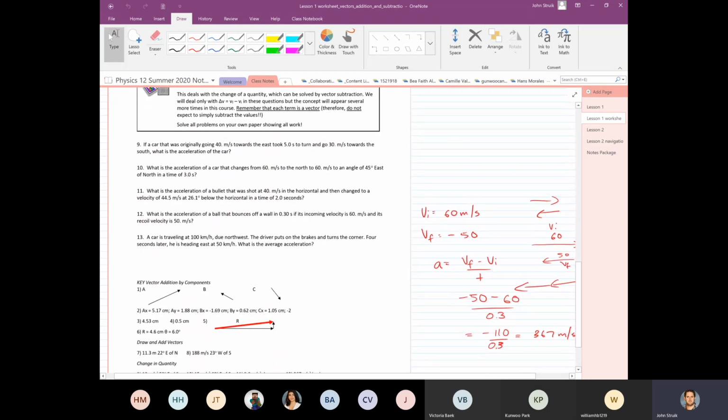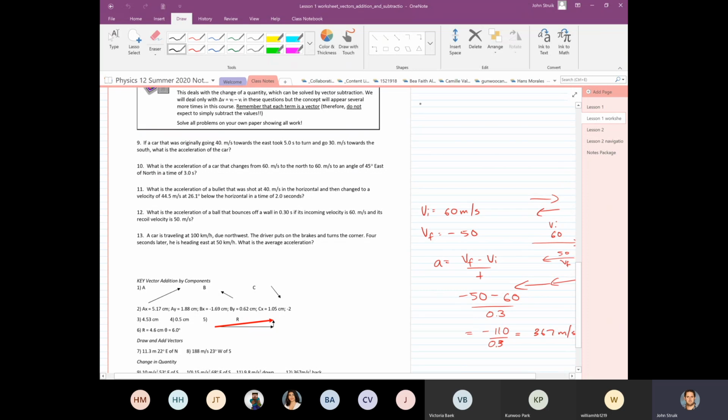What is the acceleration of a bullet that was shot at 40 meters per second in the horizontal and then changed to a velocity of that? With these ones, we're dealing with the formula A equals VF minus VI over T. And so we need to figure out this VF minus VI thing.